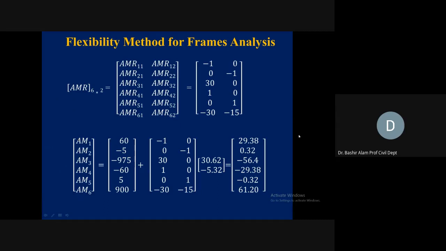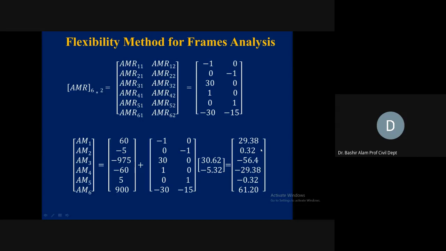So here the AM values are coming now. AM1 is 29.38. And remember, I told you from the simple equilibrium analysis that AM1, which was the vertical reaction at A, is coming 29.38. AM2 already I told you that it will be 0.32 rightward directed.